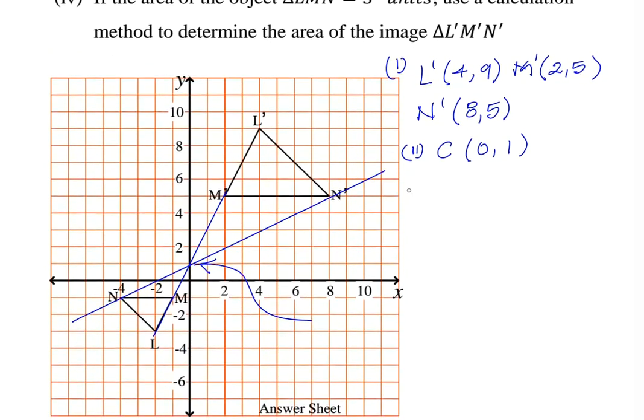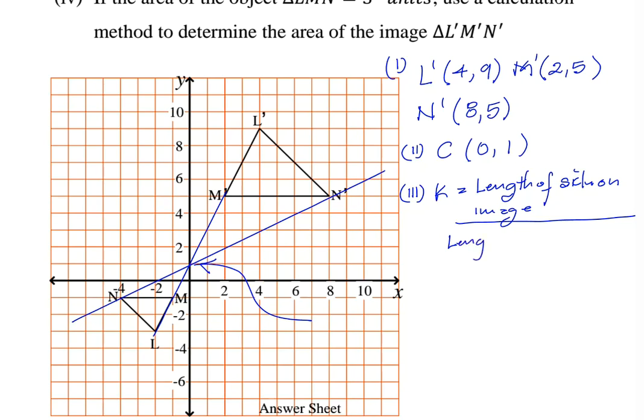Earlier, we told you that the scale factor K is equal to the length of side on image divided by the length of corresponding side on object.